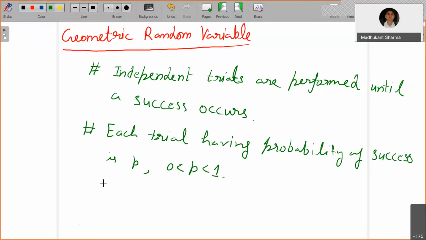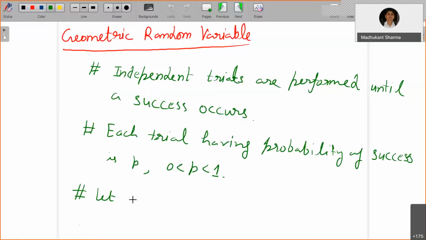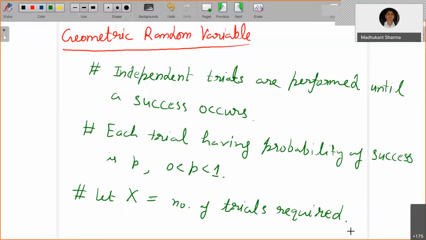Now, let X equal the number of trials required. So the number of independent trials required means you keep on performing until a success occurs.